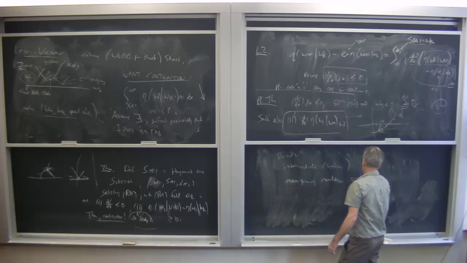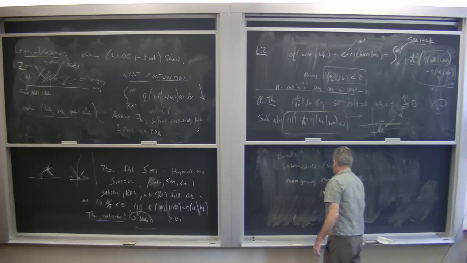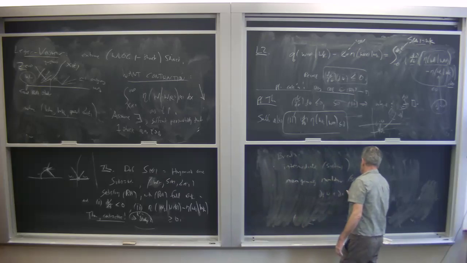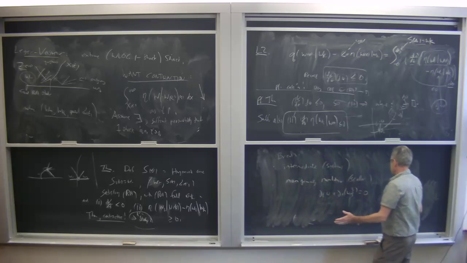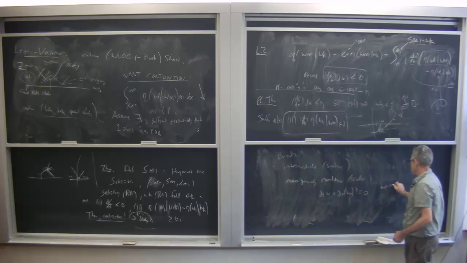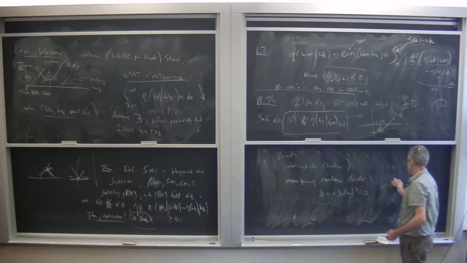For scalar, take dtw plus dx w cubed over 3 equals 0. So it's say higher order Burgers or cubic Burgers.